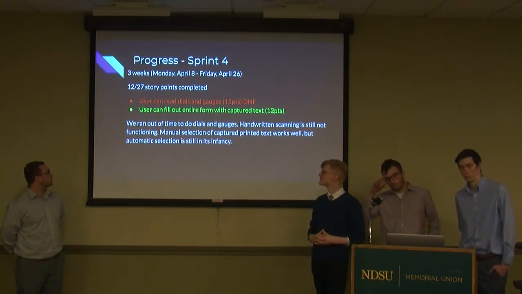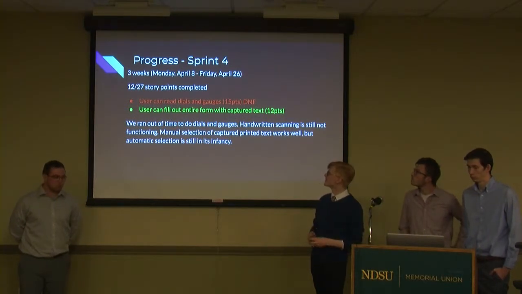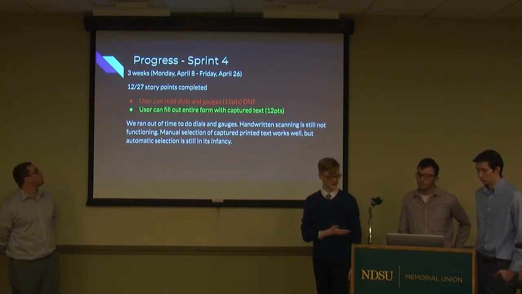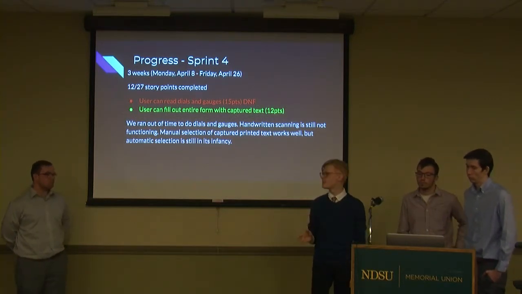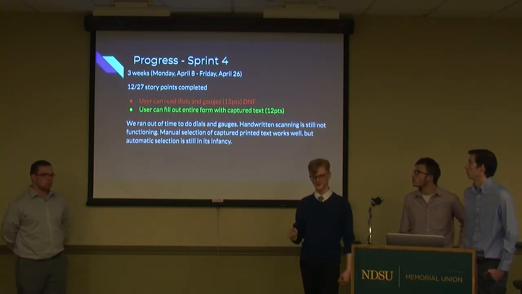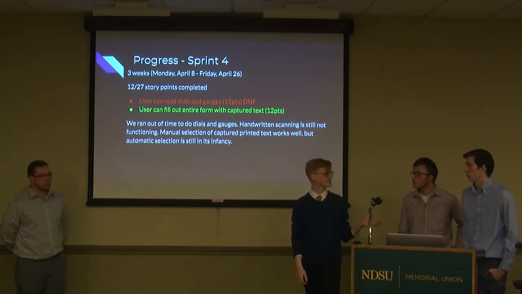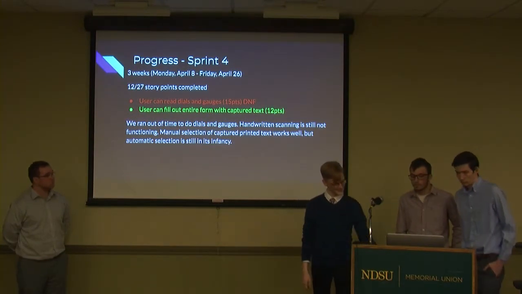Most of our time was spent just trying to get the OCR to work and finding stuff that works with Ionic. Where we are now, and we will be demoing it to you soon, is getting text from the image and letting the user manually select which goes in, as well as some very basic automatic selection that was recently implemented.